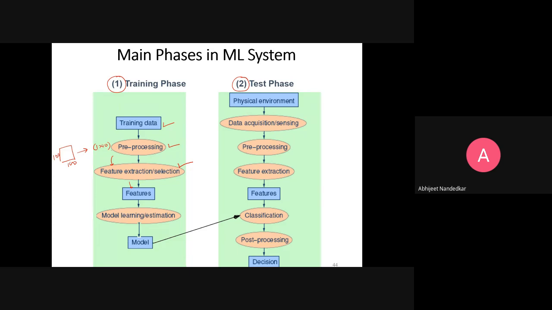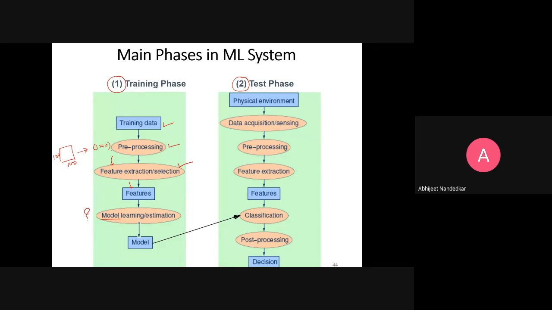Once features are available, you choose a model for learning. This is the key thing. Deciding a model depends on what problem you are tackling, whether you want to do classification, clustering, or regression.